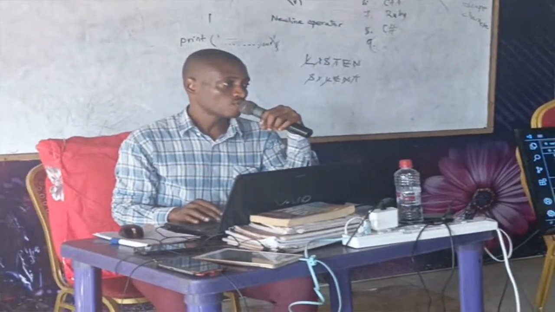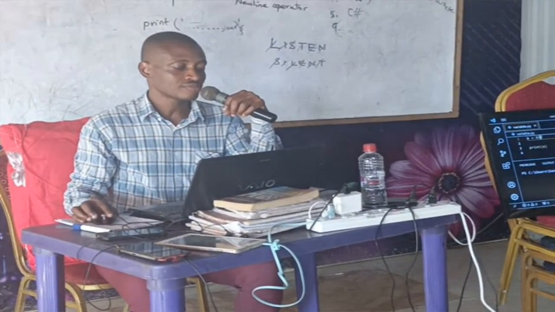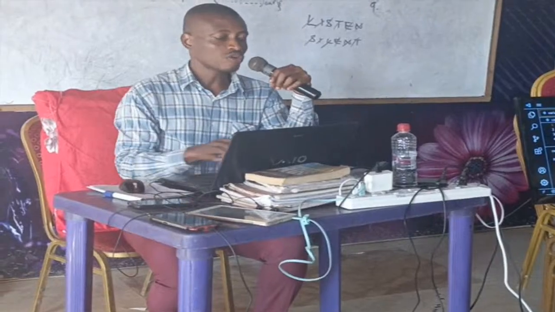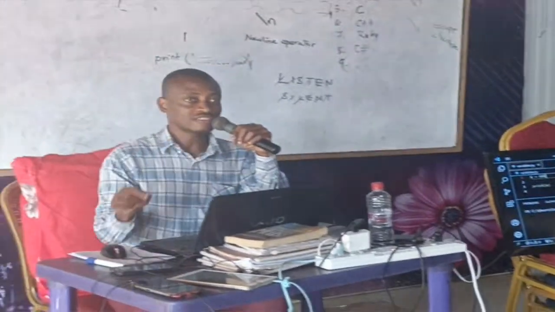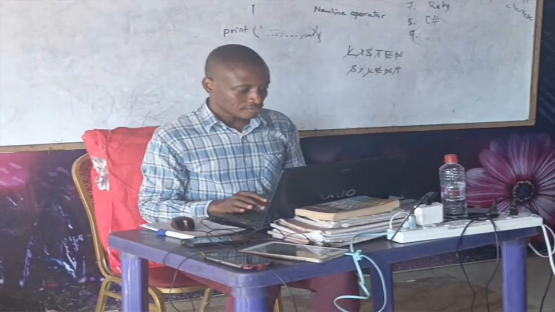So do you understand? So what will be printed now? What's the answer? What will be printed? Assistant teacher, 600. Okay. All right.